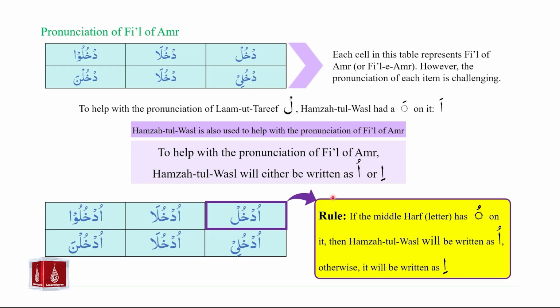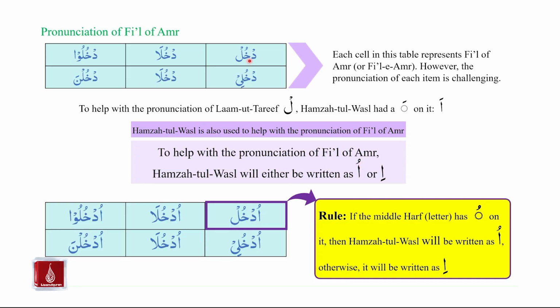Once again, in order to help us decide whether we will pick this hamzatul wasl or this hamzatul wasl, we will look at the middle letter of fail of amr. If the middle letter, that is kha in this case, has a pesh on it, then we will pick hamzatul wasl with the pesh on it, and our final result will be udkhul.